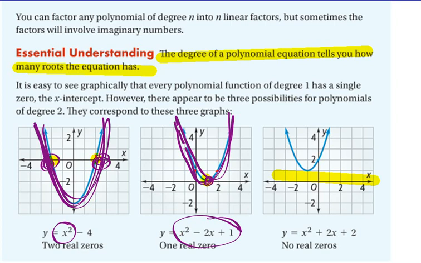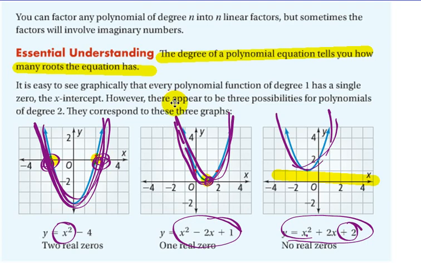And in this case, you've got x squared plus 2x plus 2, that y-intercept is 2 and it's a positive parabola, it never hits the x-axis. So it has no real zero. Okay? Hitting the y-axis doesn't mean anything here. We're talking about hitting the x-axis. So don't get those confused.